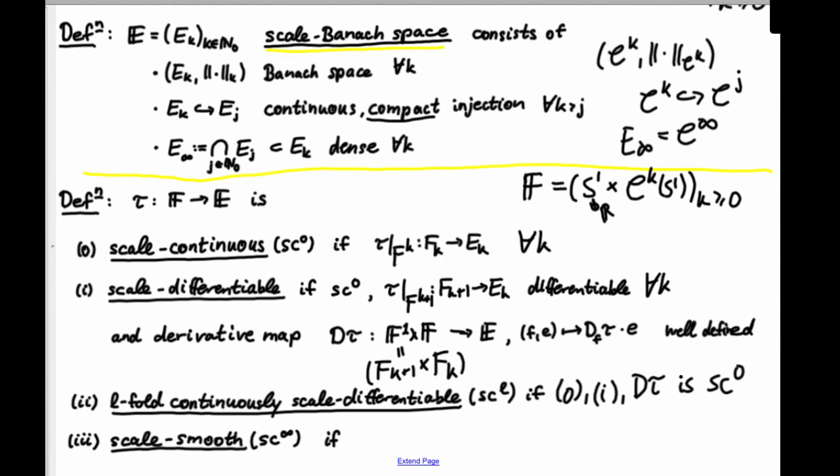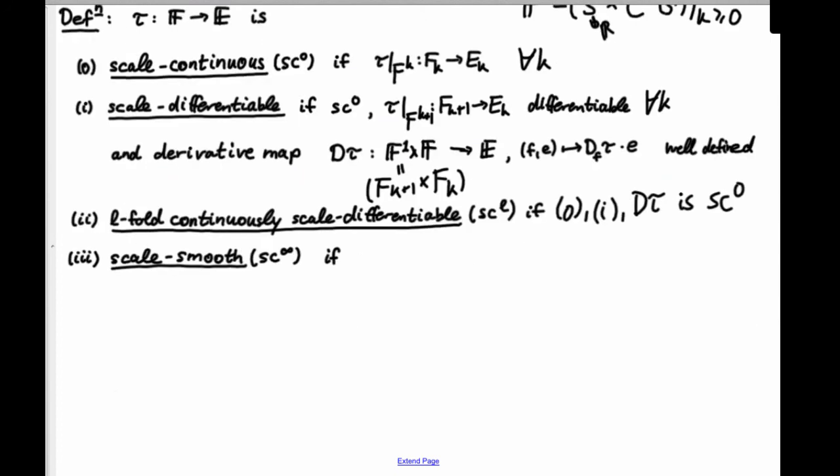And finally, I'm going to call something scale smooth if it is, well, what do I need to say? I need to start here. Actually, I can just say if it is defined, so this here defines iteratively SCL, because once I know what SC0 is, it defines what SC1 is.